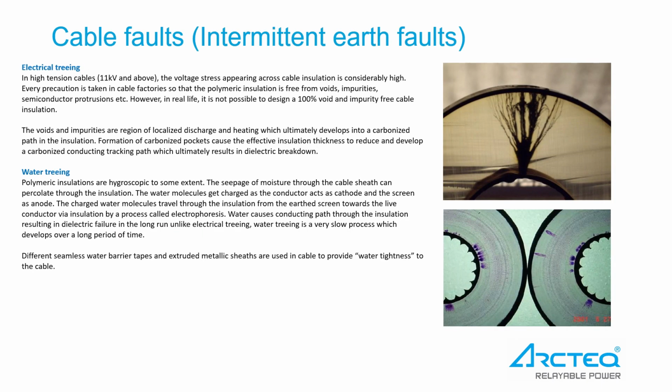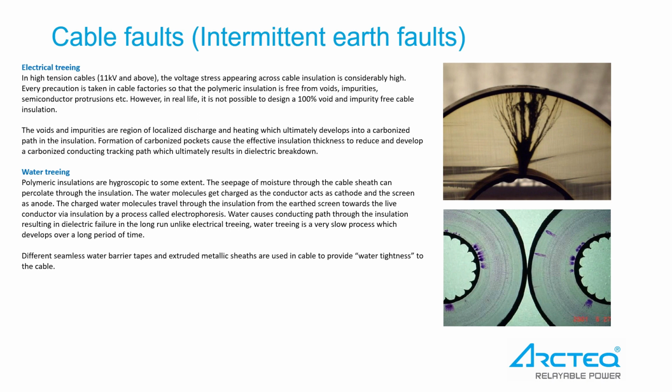In high-tension cables, the voltage stress appearing across cable insulation is considerably high. Every precaution is taken in cable factories so that the polymeric insulation is free from voids, impurities, semiconductor protrusions, and so on. However, in real life, it is not possible to design a 100% void and impurity-free cable insulation.